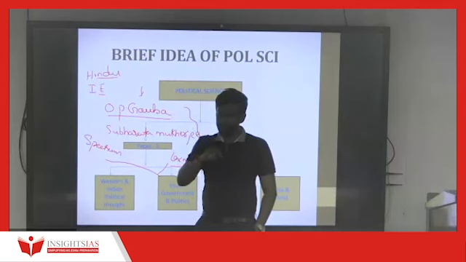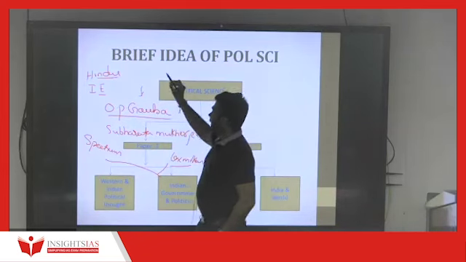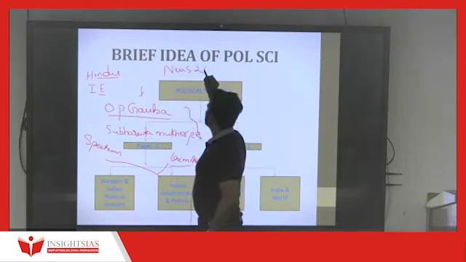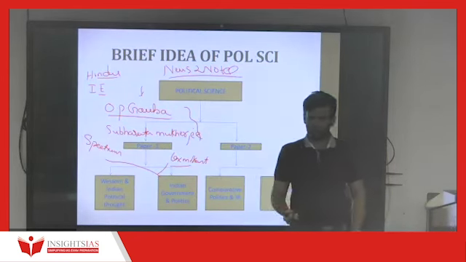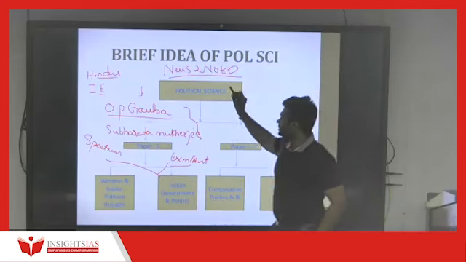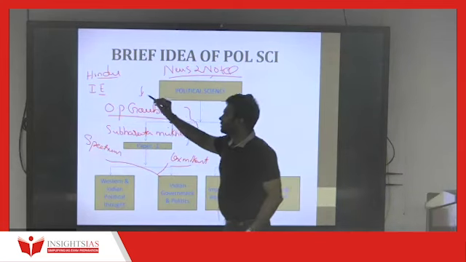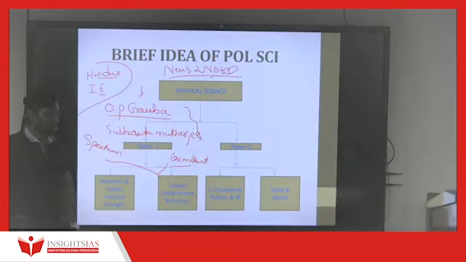If you have joined there, every day we are uploading important articles from the newspaper from a political science point of view. And we are also releasing a monthly magazine called News to Notes, where we give extra content such as book reviews or certain important articles which are important from an exam point of view. So this will cover your dynamic part. These will be the sources you will be referring to for your Paper 1.